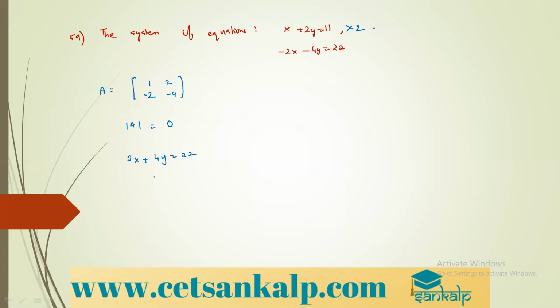And the second equation, if I multiply by minus 1, I can write it as 2x plus 4y equal to minus 22. This cannot be possible. That means the system of equations has no solution at all.